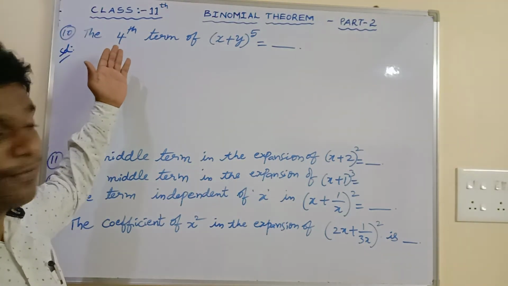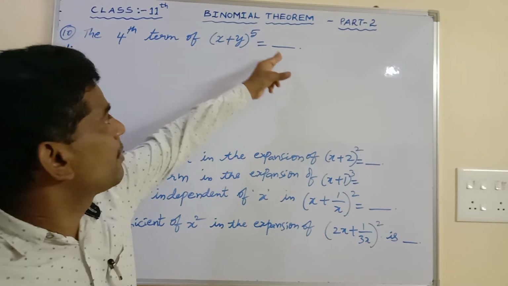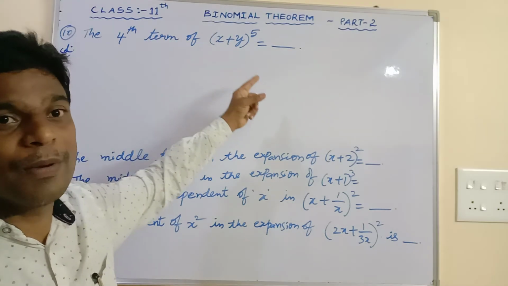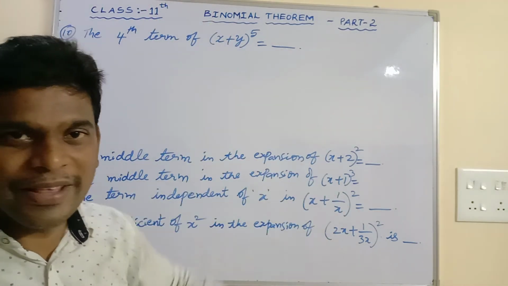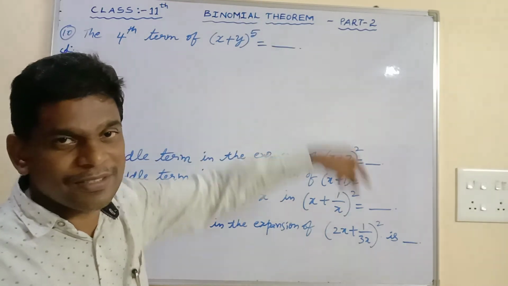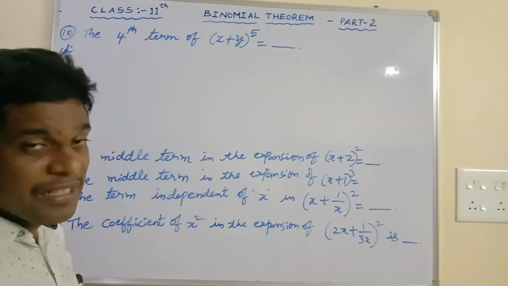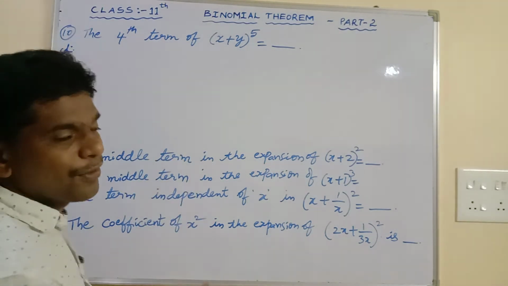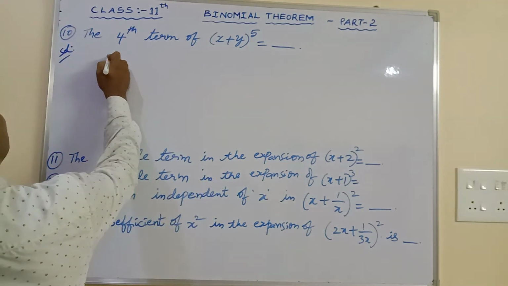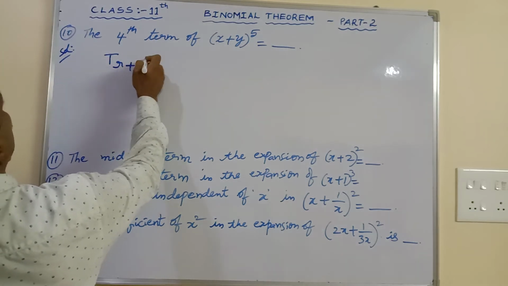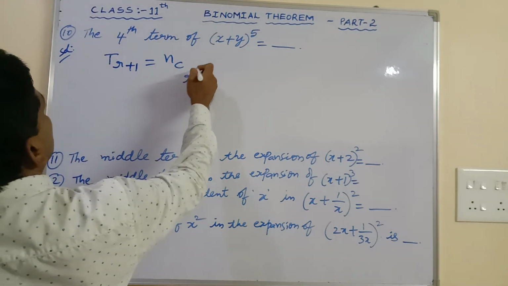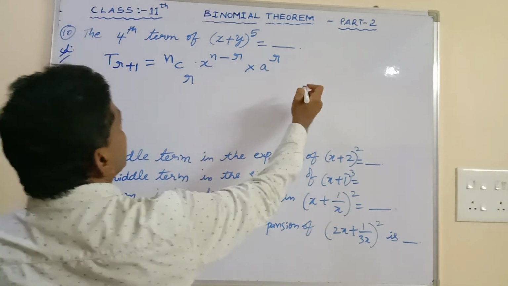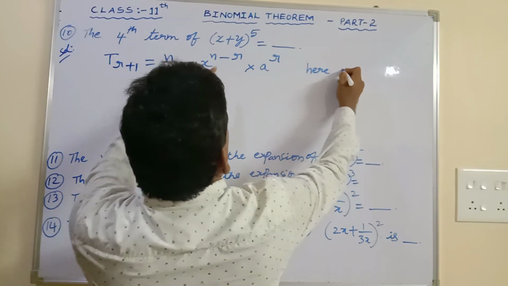Next question. The fourth term of x plus y whole power 5 is. In this expansion, x plus y whole power 5, 6 terms will be there, 5 plus 1. In these 6 terms, we need to find the fourth term. To find it, use the formula T of r plus 1 equal to nCr into x power n minus r into a power r. Here n is 5.